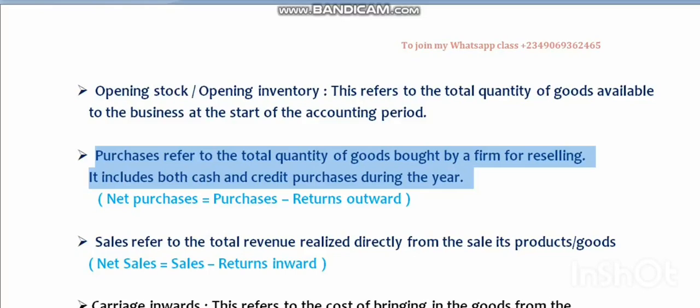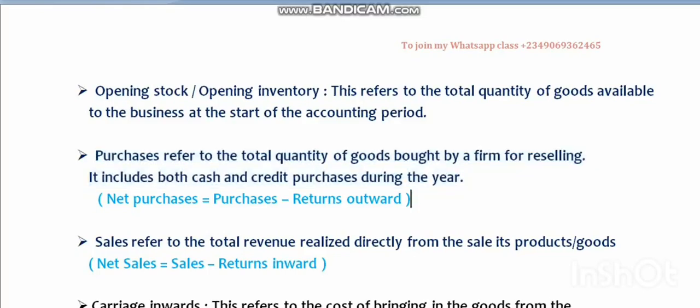Under these purchases, we have the actual purchases, which is called net purchases. During purchases, there may be some goods which are below standard, substandard products, or goods that are damaged. Those will be returned to the supplier for you to arrive at your actual purchases.